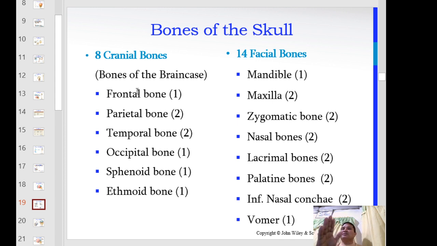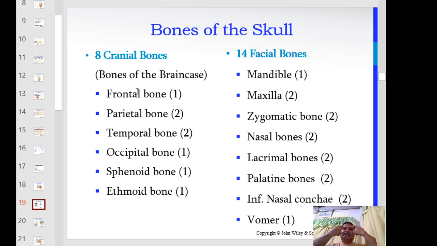In the facial bones, you have here the mandible. Then this is the maxilla, two in number, the left and right. This is the zygomatic. This is the nasal. Then this area where tears come out is your lacrimal.